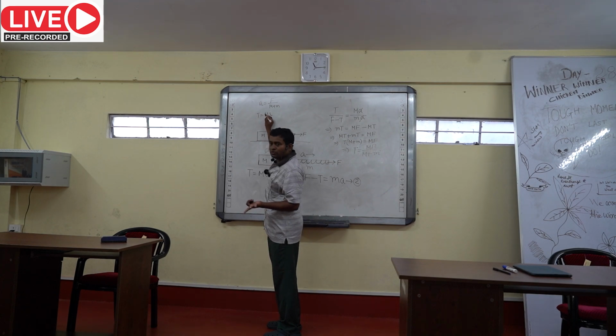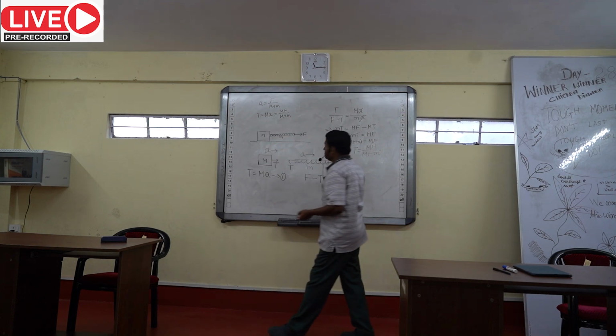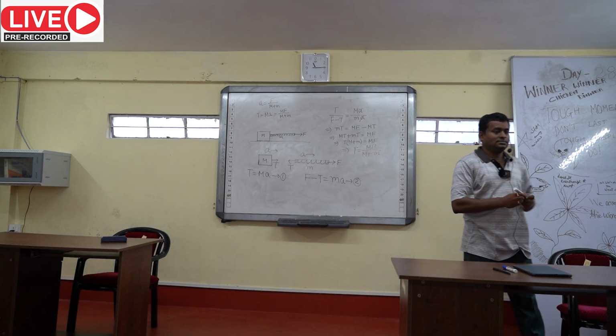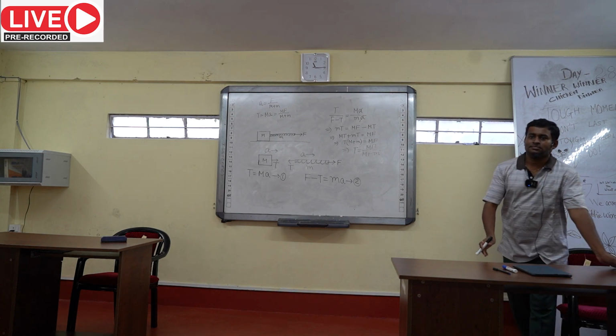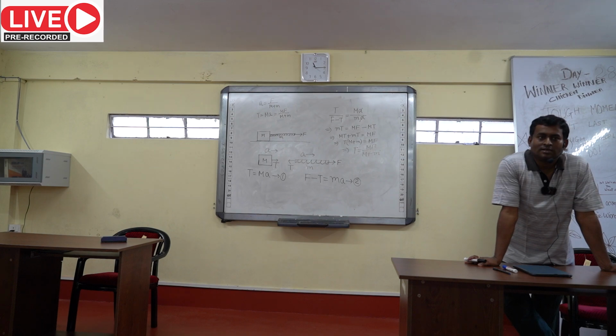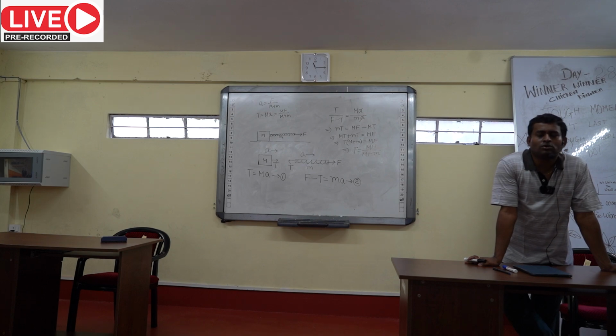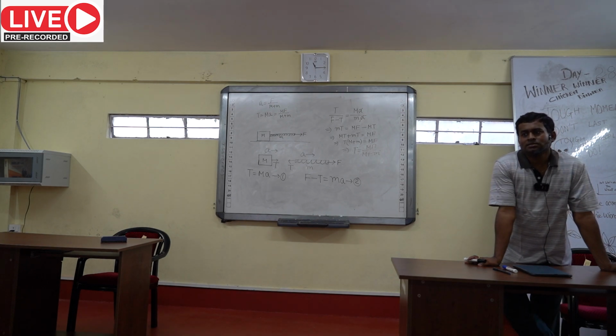Then you find the total force on the block, and that will be MF by M plus m. The same answer will come. First calculate the acceleration, and after calculating the acceleration you have to find the force on the block. The only force on the block is T. So that should be the mass of the block into the acceleration of the block.